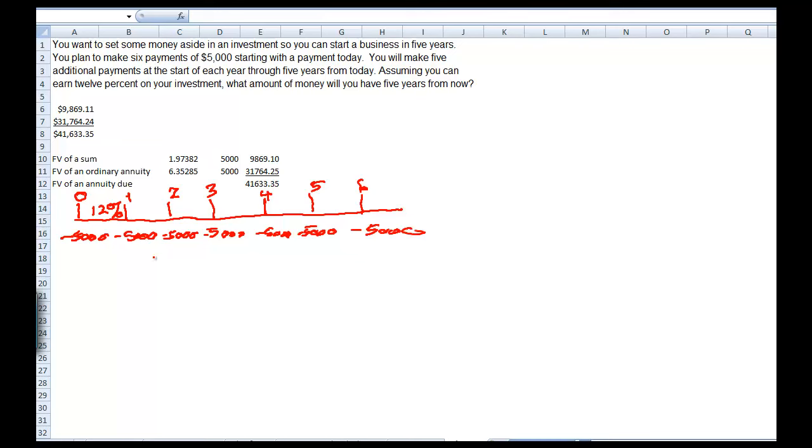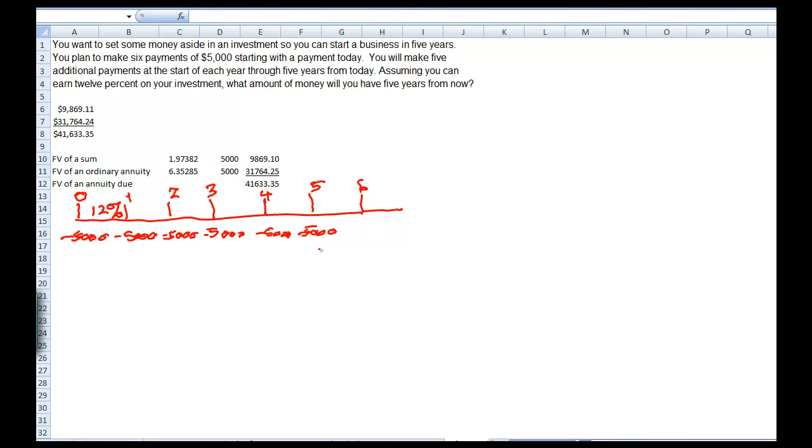So what we're going to do is calculate the future value for each of these. So we want to know what that is. And let's see, I got to erase something here because I have 7 years and I should only have 6. Okay, 1, 2, 3, 4, 5, 6. We have 6 payments, so we can only go up to 6.